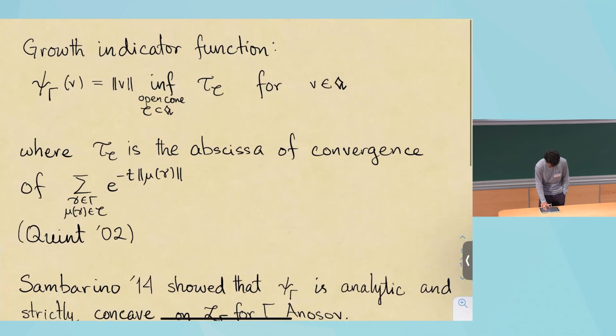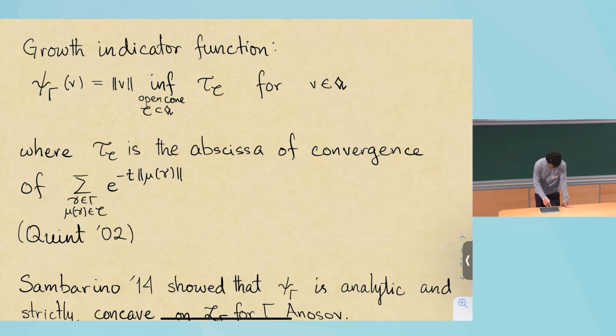And so just a couple more things. We started seeing today this growth indicator function. So we can define it as follows. Take a point v in the Lie algebra of A. Then this function will be homogeneous in the radial directions.